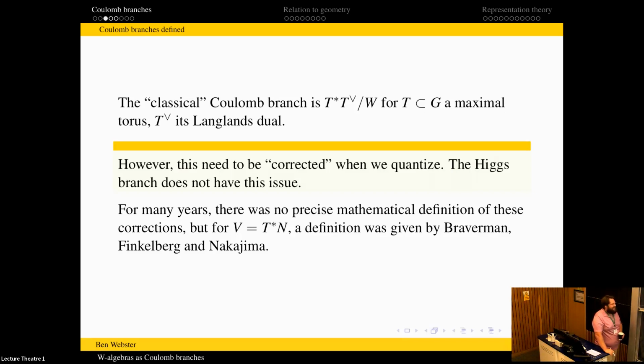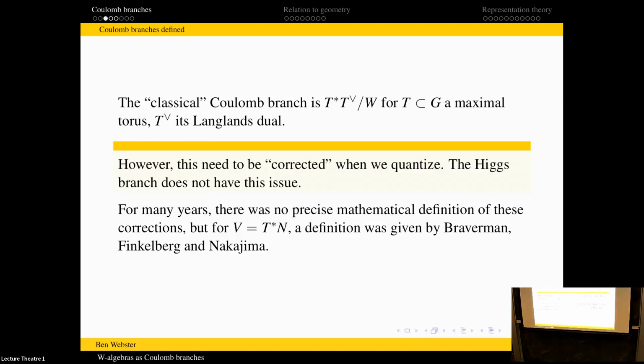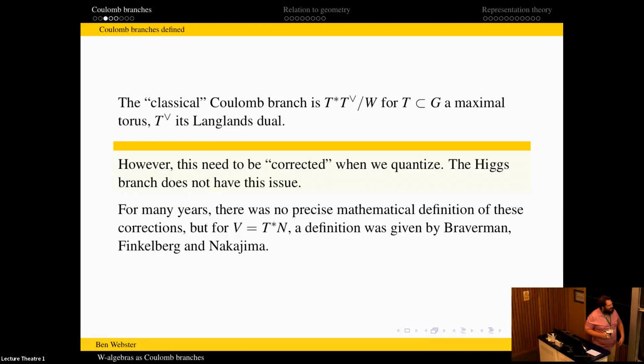And the physicist would say, oh, well, there's some quantum corrections. This isn't really right. That's only the classical answer. And then you would say, okay, well, what do the quantum corrections do? And they would say, well, they kind of change the metric, but then something else changes. And so, up until about 2015, it was very hard to get any kind of answer for what these were.